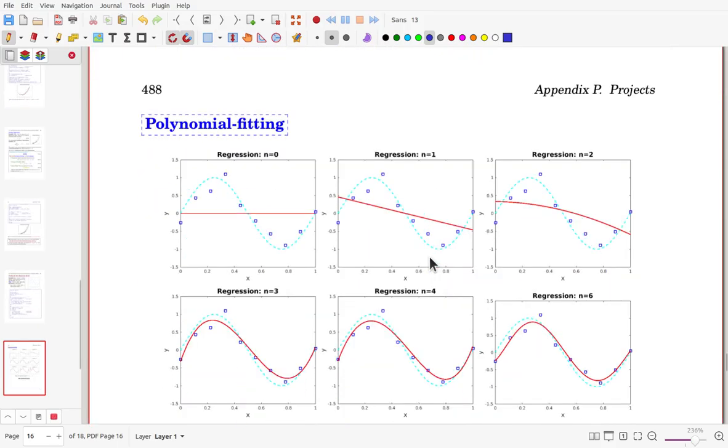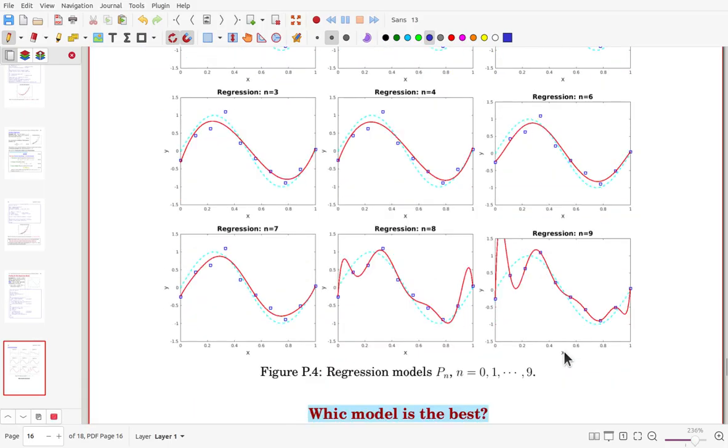Okay, here, once we see the figure for polynomial fitting: when n is 0, we have this fitting, n is 1, linear, we have this one, then quadratic, cubic, and fourth order, and fifth order is almost the same. So I jumped, and then sixth order polynomial fitting, and seventh, eighth, ninth.